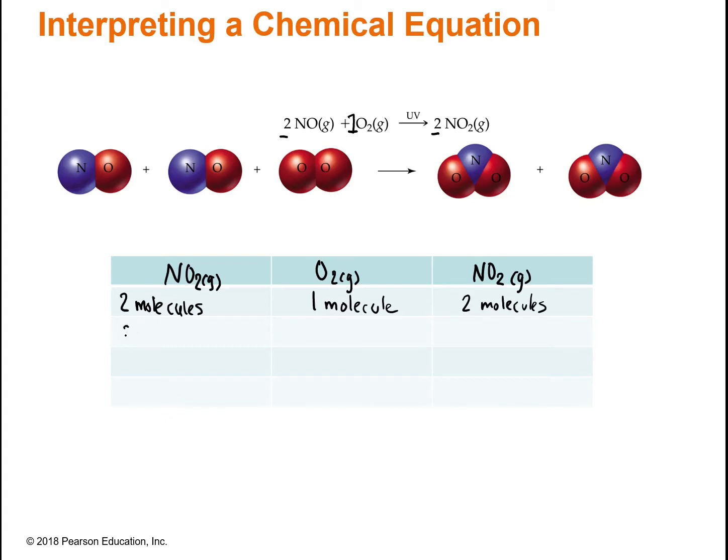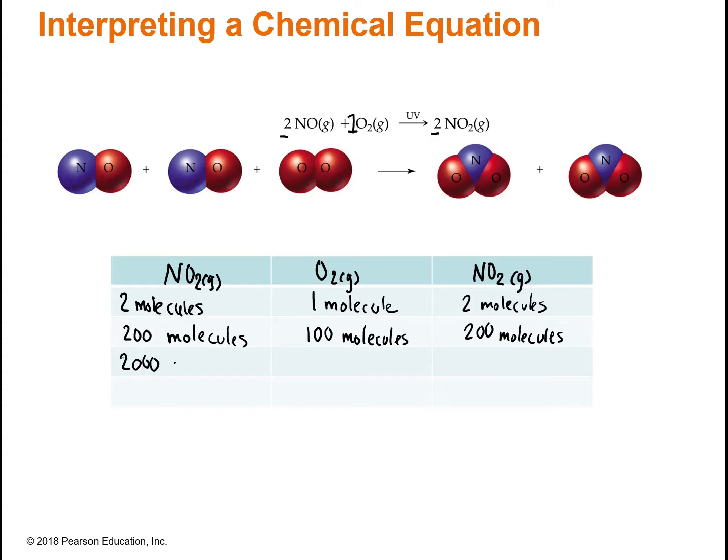Well, what if we had 200 molecules? Then we would need 100 molecules of oxygen. Combine them, and you would get 200 molecules of nitrogen dioxide.